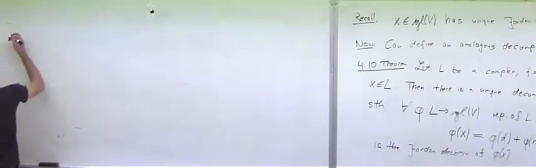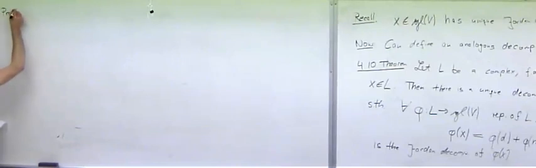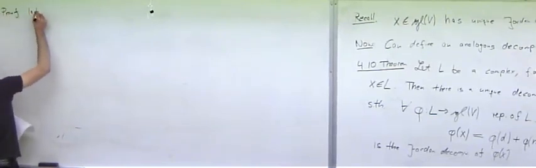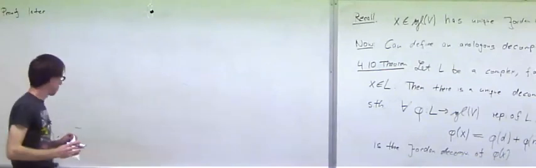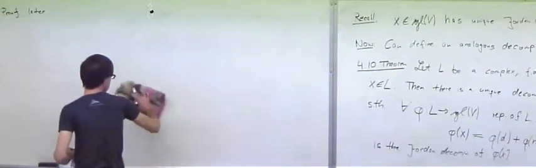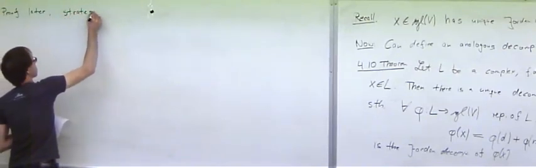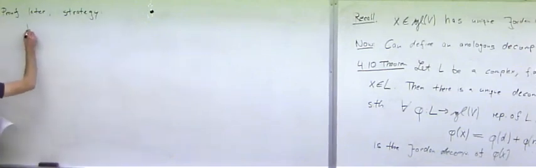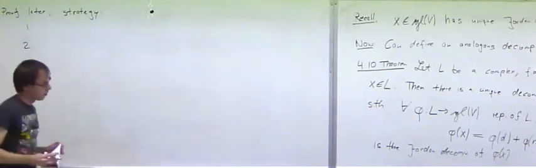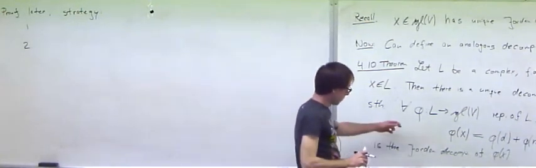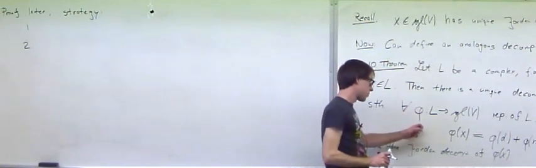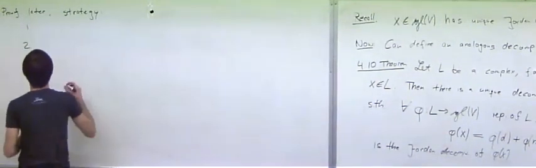As I said, the proof will be done later. But I also already announce the strategy of the proof. It's a two-step thing. The first step is I don't consider all representations, but just the adjoint representation.